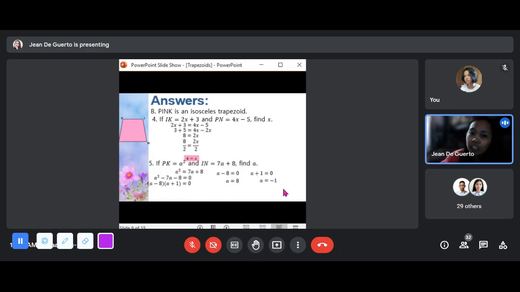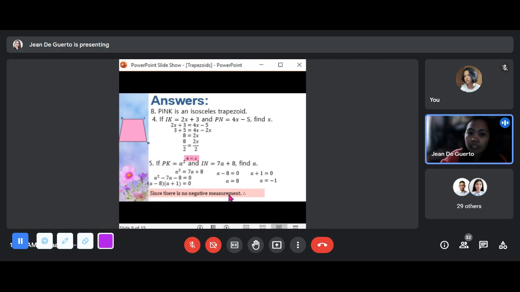Kaya ang ikukunin lang natin yung positive values ng mga variables. So, for number 5, the value of A is 8. Okay? So, pag pinahanap sa atin yung measurement ni segment PK, then we have 64 and not positive 1. Okay? Kasi yung value ng A ang gagamitin natin.